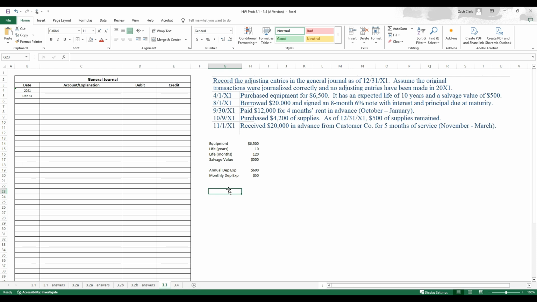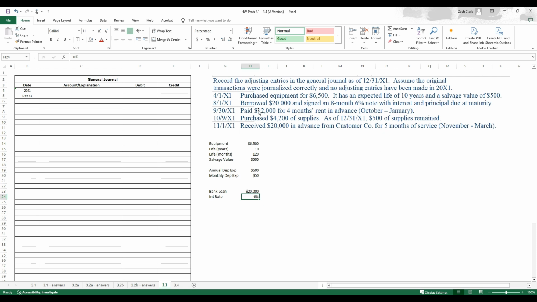And let's do our next analysis calculation here. So our bank loan is $20,000. I'm going to use my format painter tool again to differentiate percents and months and dollars. And it's an 8-month note, so the interest rate is 6%, or 0.06 if you want to do a decimal.